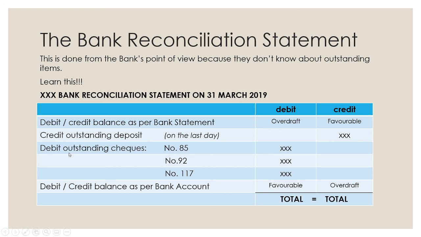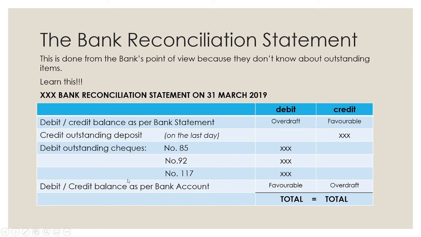Now, if I made payments with cheques and they did not go through my bank statement as yet, you're going to debit your outstanding cheques. These are the cheques that were written out during the month but are not on my bank statement as yet. Then I'm going to debit them.